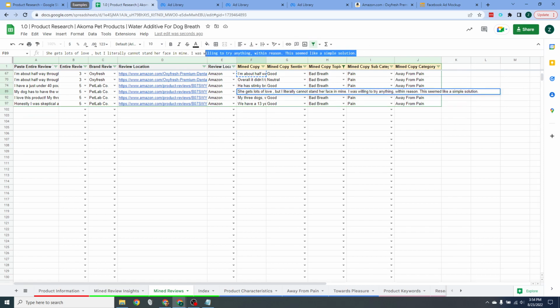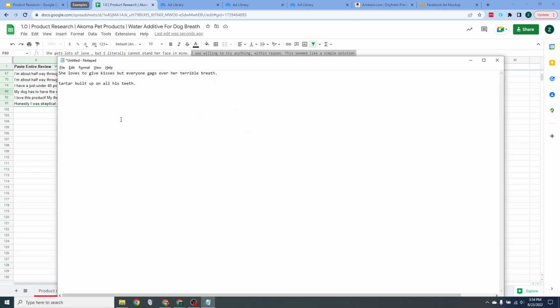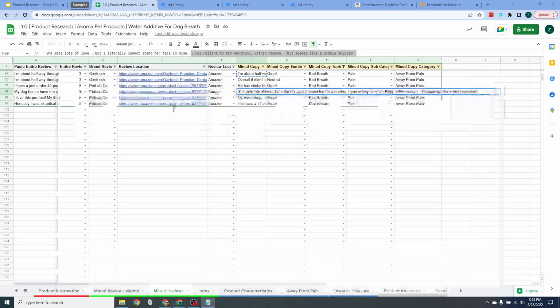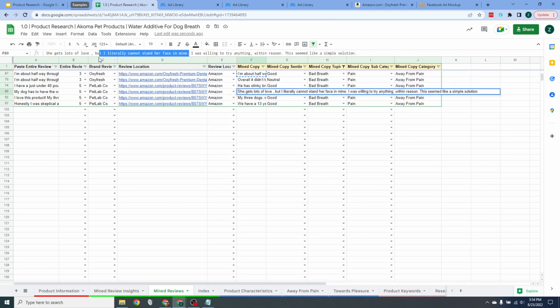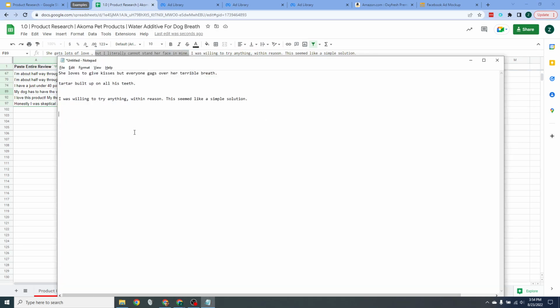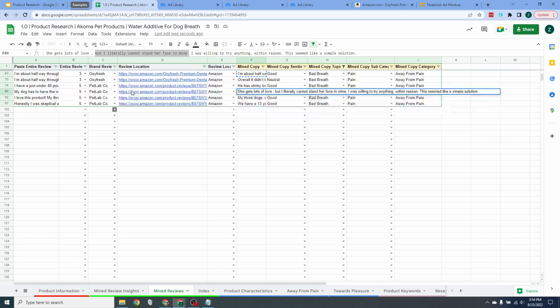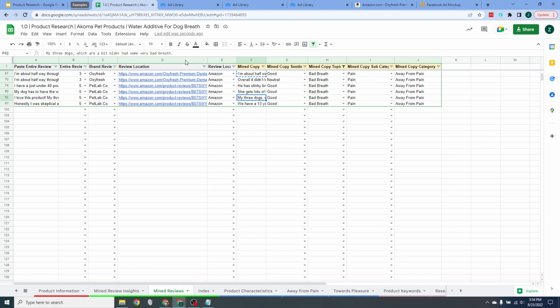Look at the desperation. I was willing to try anything. This is good. So yeah, I'm just copying this stuff and using it as copy. Now, that's what's great about if you have this research done, is your copywriting basically turns into just copy and paste and editing for readability.